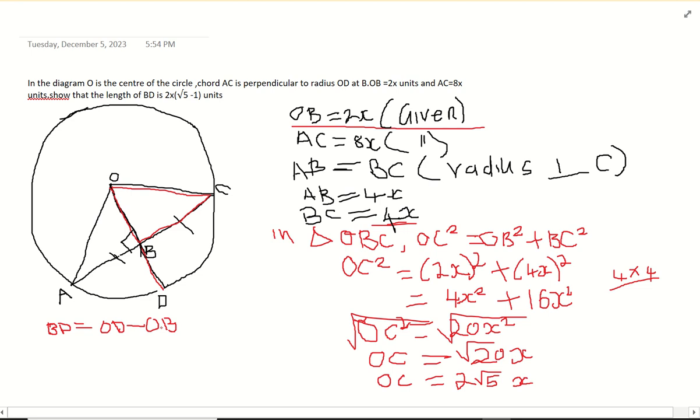But if you can see, OC is equal to OD because they are both radii.